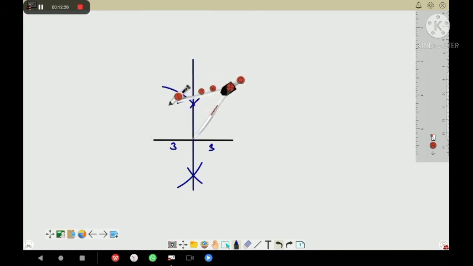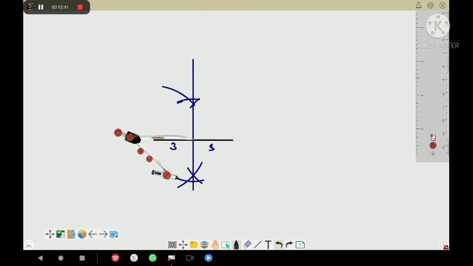We need to draw one arc of 3 centimeters on both sides.